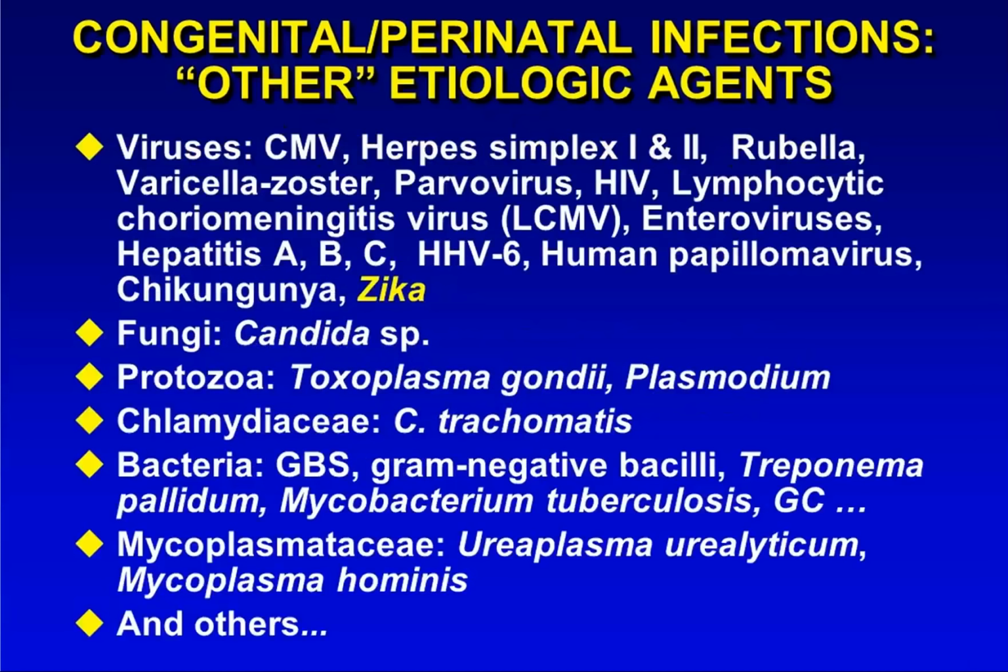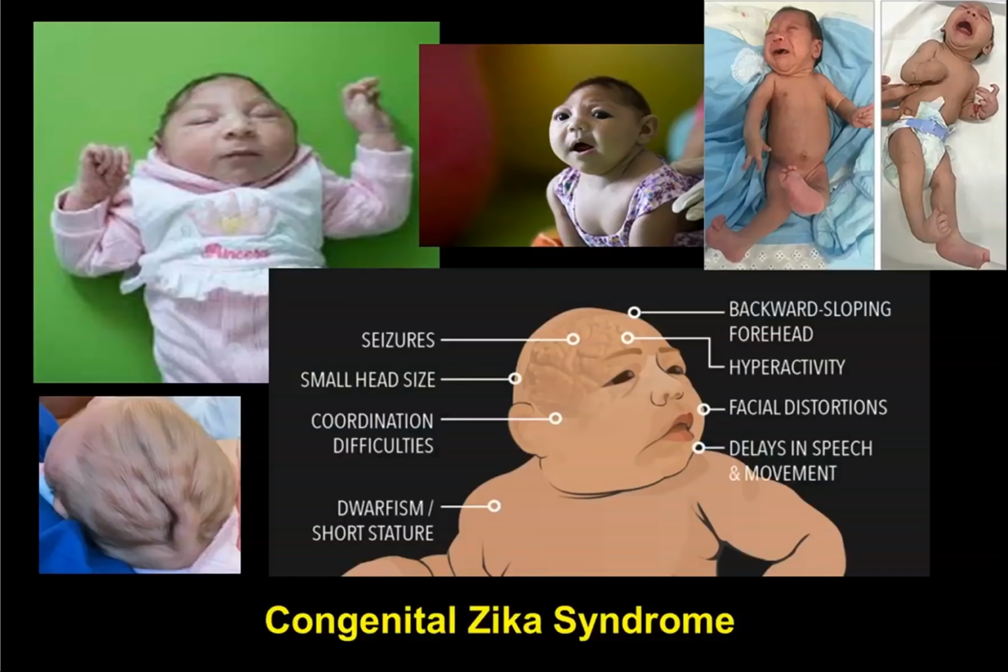And I have this slide here of all the potential etiologic agents that could cause congenital and perinatal infections. And there are others. More recently, as is highlighted on this slide, the Zika virus was a cause that had not been considered previously. Congenital Zika syndrome, I don't want to say we're lucky, but as a neonatal infectious disease specialist, it was exciting in a very negative way because certainly it was a tragic occurrence.